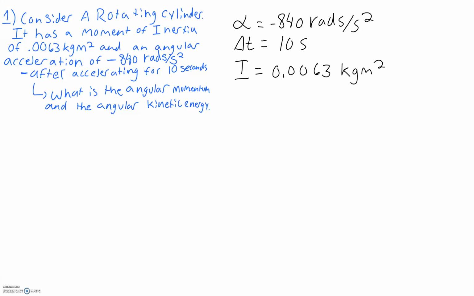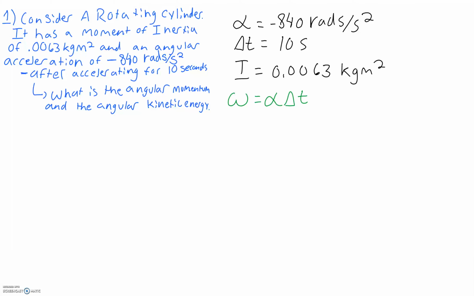We are going to use green to find omega, or the angular velocity, because we will need to use that to find the angular momentum. So omega is equal to alpha delta t. This is an equation that is generally used in rotational dynamics and is very common.